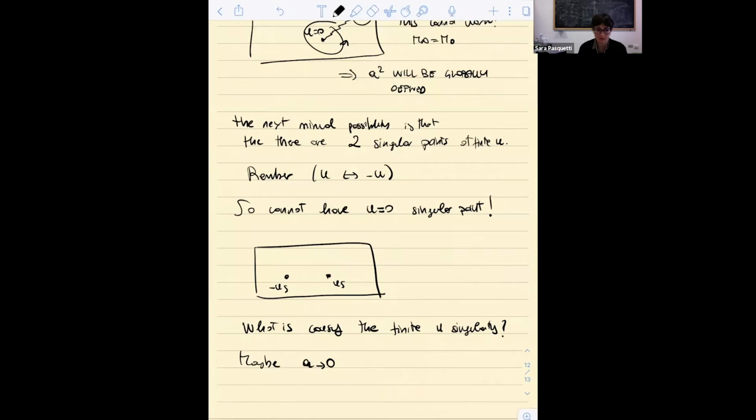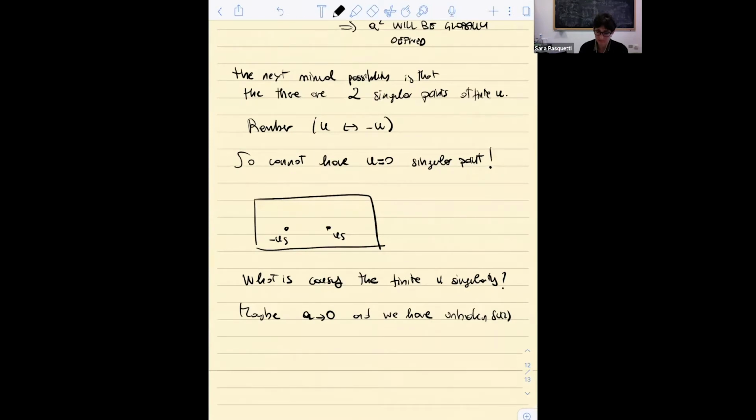Maybe it's possible that A goes to 0 and we have unbroken SU(2), because I'm not undergoing Higgsing. If we are not undergoing Higgsing, then there are these non-abelian massless gauge bosons that can be responsible for the singularity.